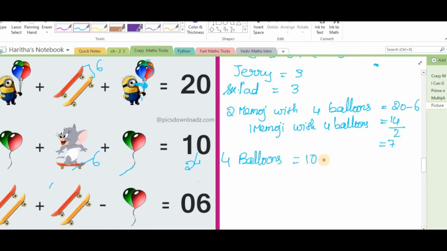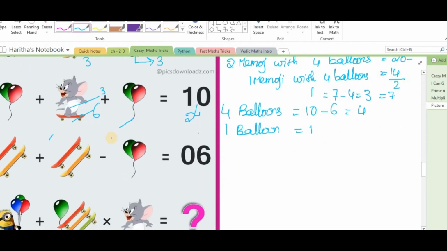Four balloons is 10 minus 6 is equal to 4. So the value of 1 balloon is 1, right? So here the Memoji is equal to 7 minus 4 is 3. The value of Memoji is 3, and this 4 balloons is 4, and the skating pad is 3, and this Jerry is also 3.